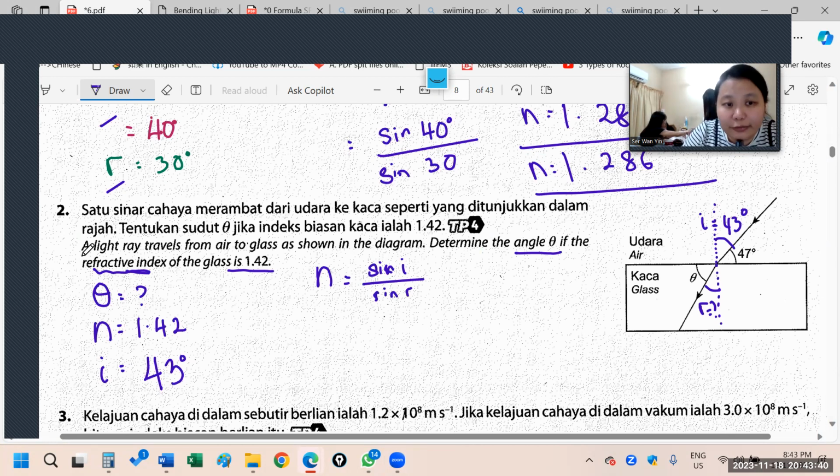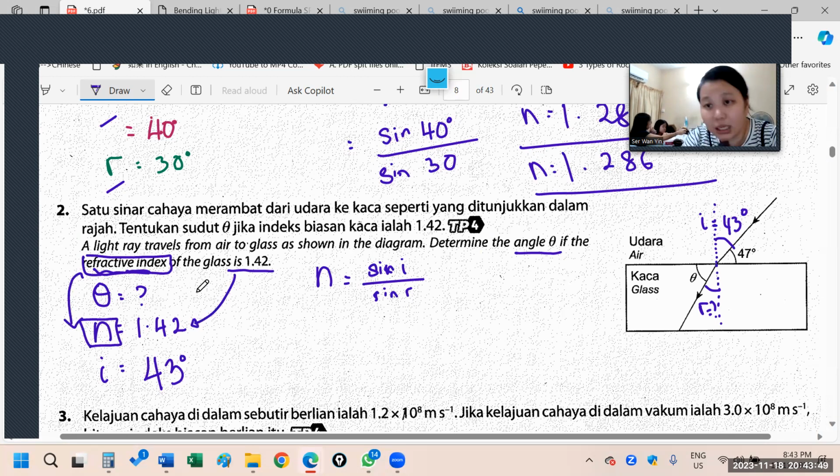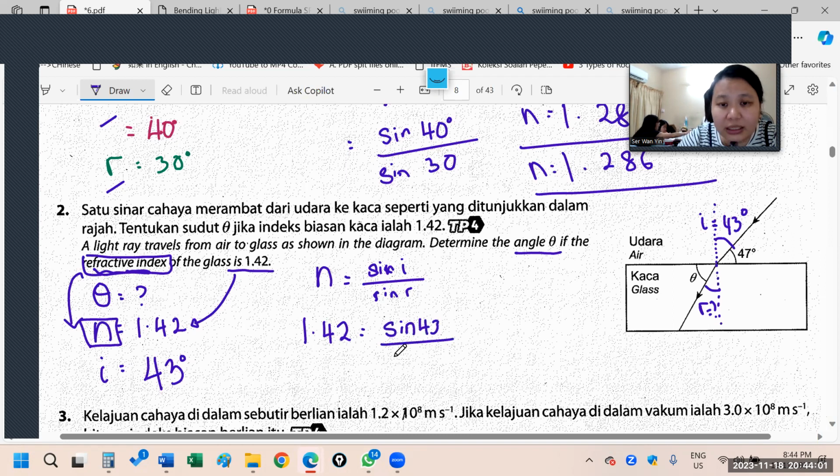So the refractive index n is 1.42. Now let's substitute: 1.42 equals sine 43 divided by sine R. Note that this is sine R, not theta. Theta is later. So sine R equals sine 43 divided by 1.42.